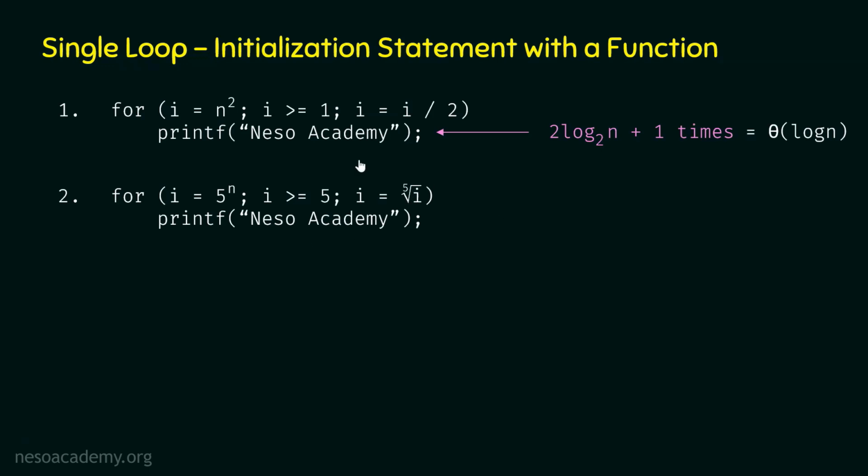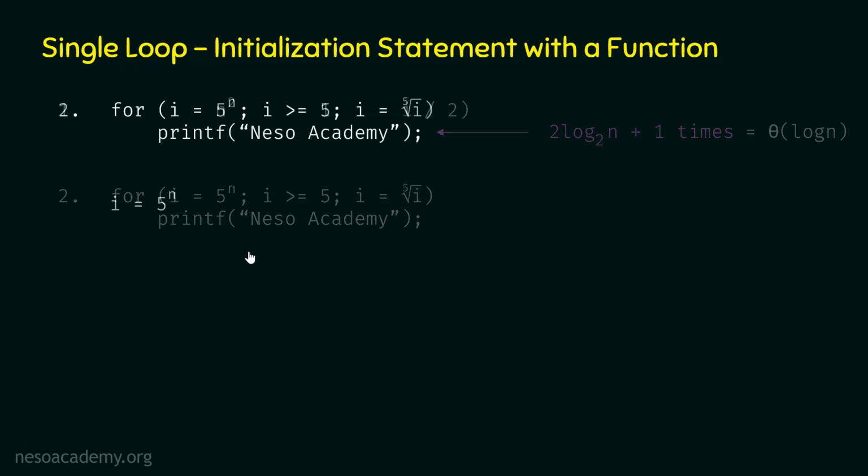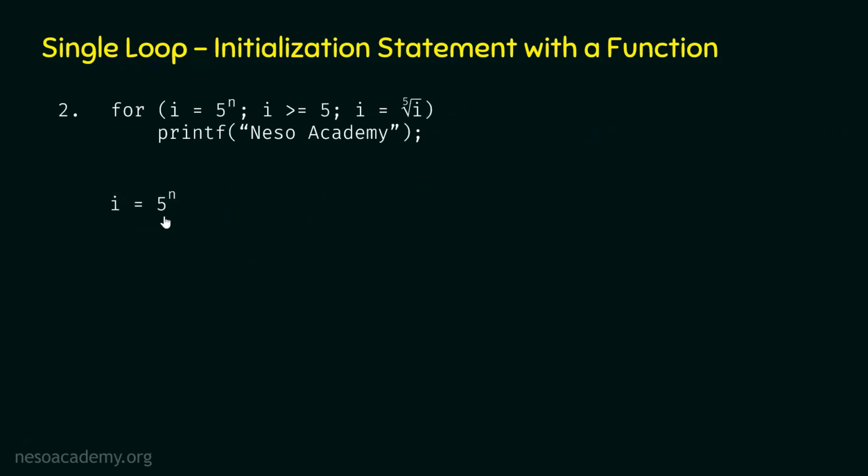Now what is the time complexity of this loop? Let's find out. We will follow the same process which we followed for this loop. We now need to analyze this loop by carefully observing different values of I in each iteration. In the first iteration, the value of I is 5 power n because this is the initialization statement and I is initialized to 5 power n.